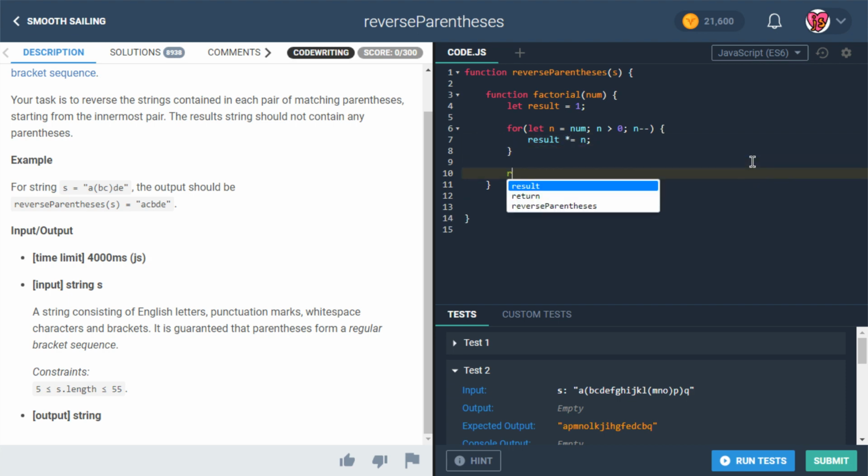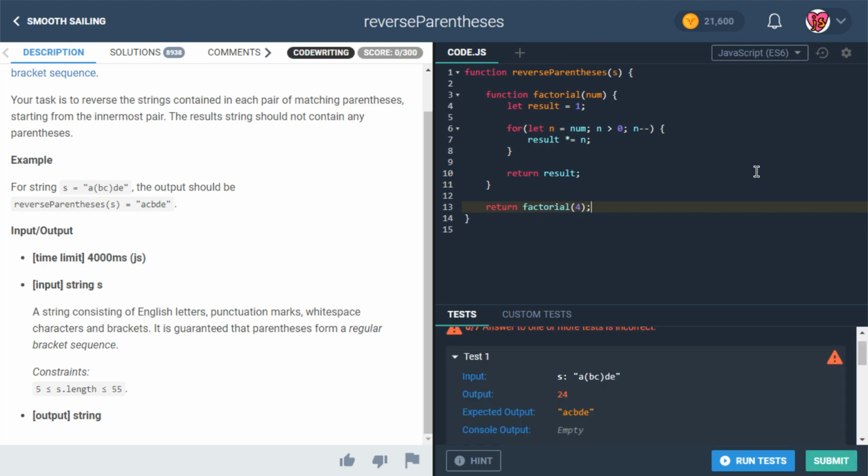And then we'll return the result at the end of it. So then if we want to call this, let's just say return factorial of 4, and we should expect 24 from that. Okay, we're getting 24.